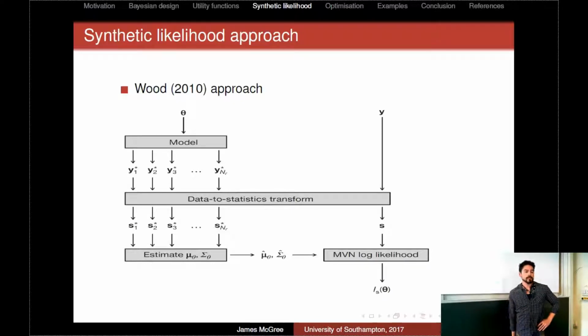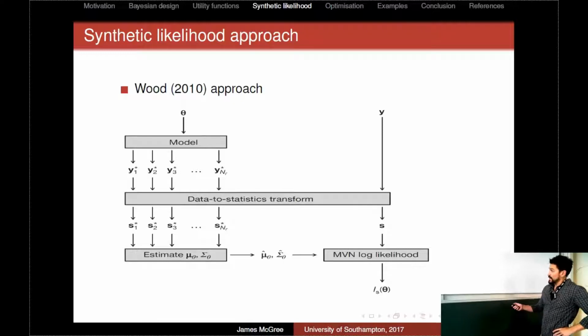Once we've simulated a large number of data sets, we calculate summary statistics for each of those data sets. Then we assume those summary statistics follow a multivariate normal distribution. We estimate the mean and the variance covariance matrix, and we then evaluate those summary statistics for our observed data and plug all that into the multivariate normal likelihood and evaluate the likelihood.